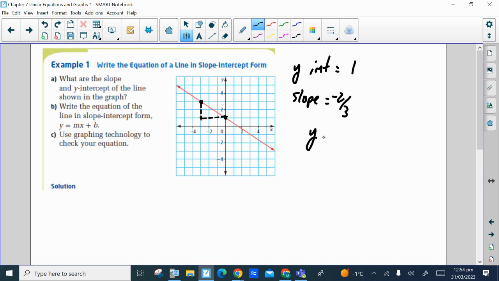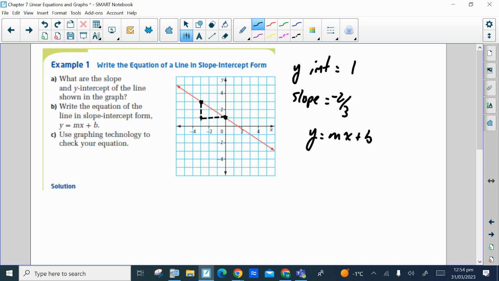So if we want to write the equation in y equals mx plus b, what will the equation look like, Brooklyn? Pardon? Okay, didn't hear you.